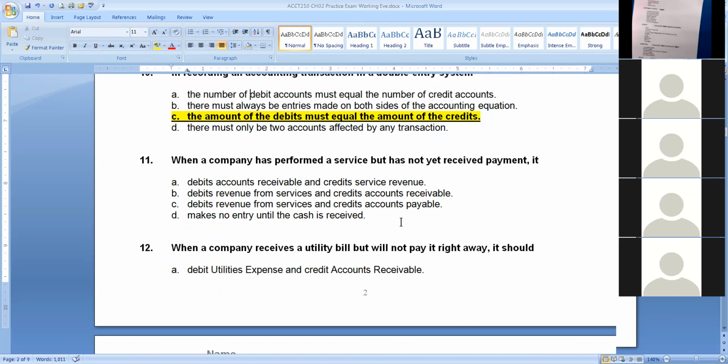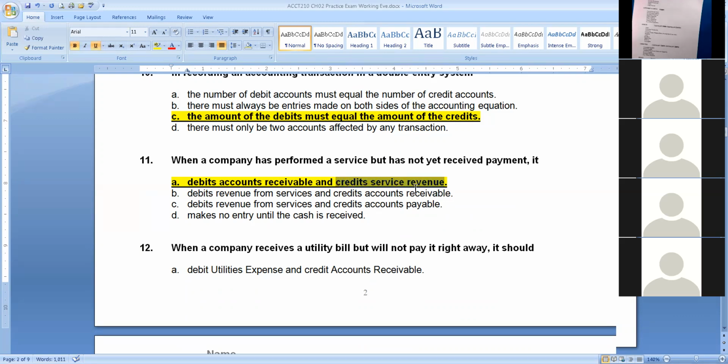When a company has performed a service but has not yet received payment for it, if you actually look at it, if you think about performing a service, it's going to be a revenue.